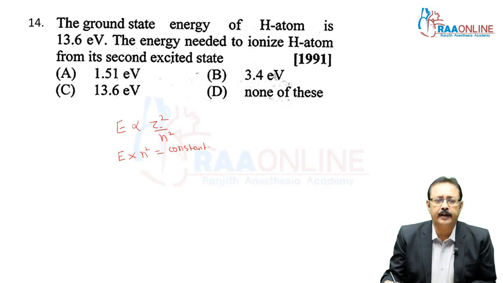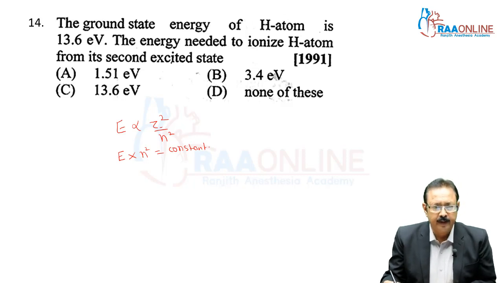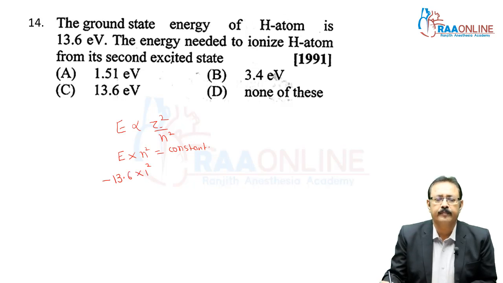We know that in first orbit, E was minus 13.6 electron volt. In the third orbit, it should be minus 13.6 by 3 square, means 9.